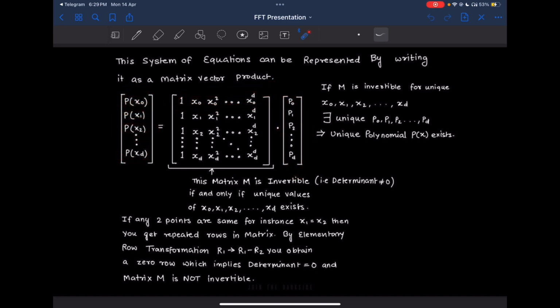Now, this matrix is invertible if and only if unique values of x naught, x1, x2, and xd exist, right?